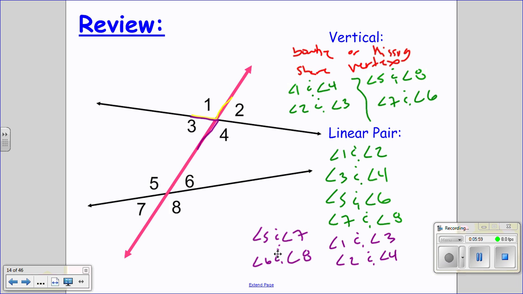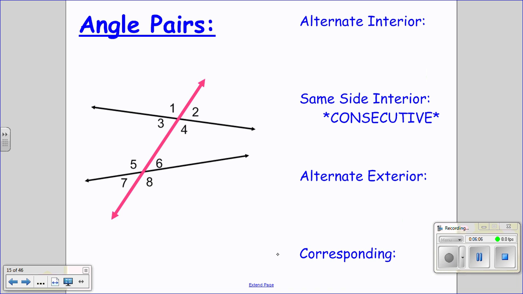Now we're about to introduce you to some new vocabulary. The first new word you need to understand is alternate interior. The simplest way to remember alternate interior is opposite sides and inside.